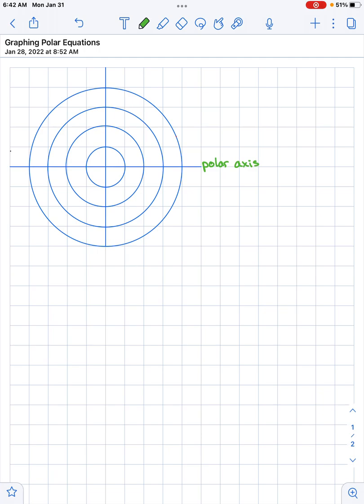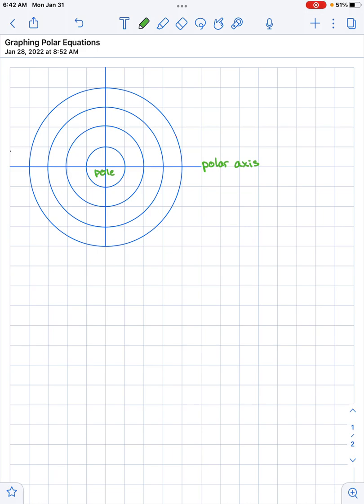Everything is based off of that polar axis. When we graph things, we start with the polar axis as the initial starting place and move around the polar grid from there. The point at the center of this system is called the pole.